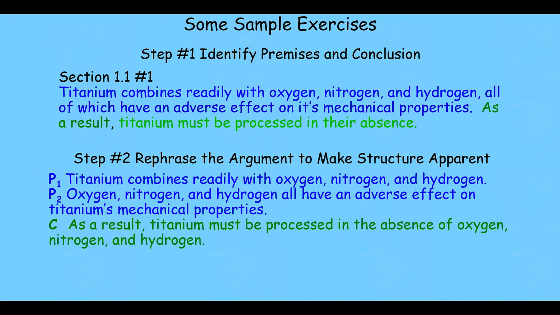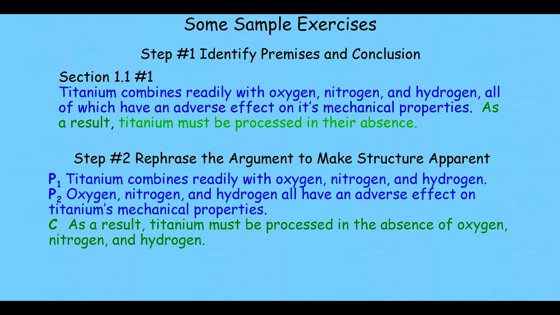So I took that first sentence and I made that my first premise. Titanium combines readily with oxygen, nitrogen, and hydrogen. Then I broke off the second part of that sentence and put it down as a separate declarative statement as my second premise. I modified it to make all of the implicit information explicit so it was easier for the argument's consumer to follow the line of thinking.